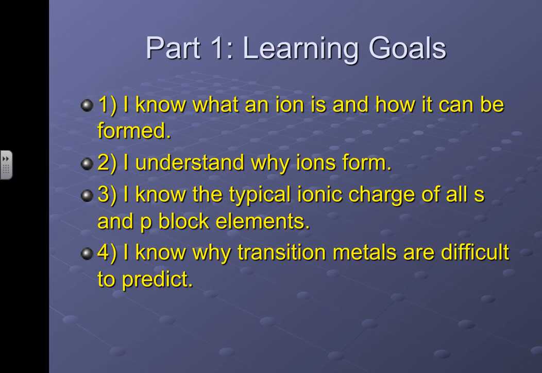Those are things from general chemistry that hopefully are clear. You should know the typical ionic charge of all S and P block elements. That's something that really you should have done already. And you should know why transition metals are difficult to predict in terms of ionic charge. So these are things that we would have done already. So having an idea of this is very helpful to start.